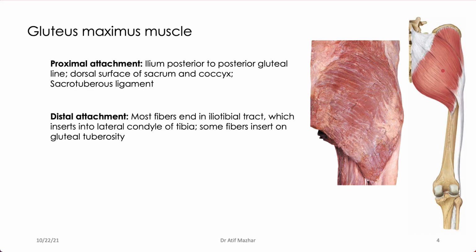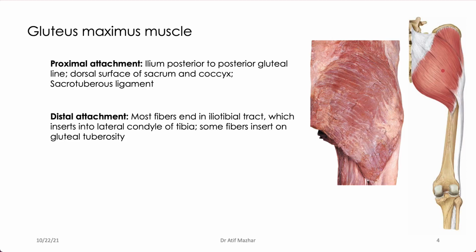And then the distal attachments: three-quarters of my gluteus maximus becomes the iliotibial tract. Only one-quarter of this muscle is attached to a bony location, on my proximal femur, and that is famous with the name of gluteal tuberosity. So that one-quarter of the fibers are distally attached or insert in that location.